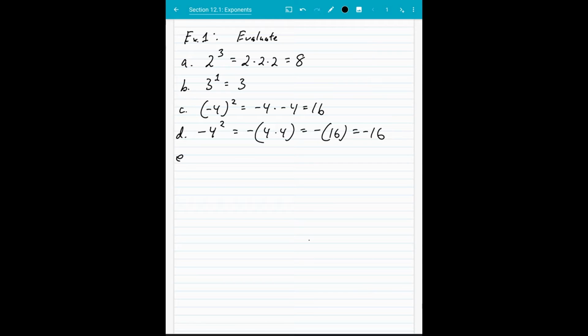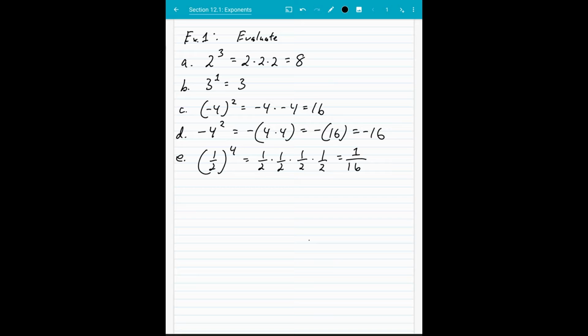If we look at E, E says 1/2 to the fourth power. Now, even if it's a fraction, it still means the same thing. Much like 2 to the third power meant 2 times itself 3 times, this would be 1/2 times itself 4 times. So all the top numbers, 1 times 1 times 1 times 1, make 1. And then all the bottom numbers, 2 times 2 times 2 times 2, make 16.